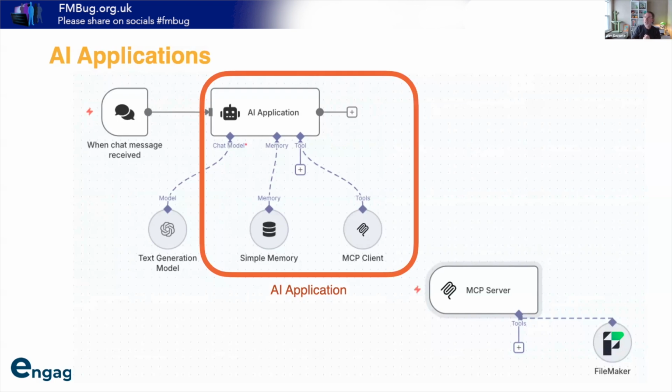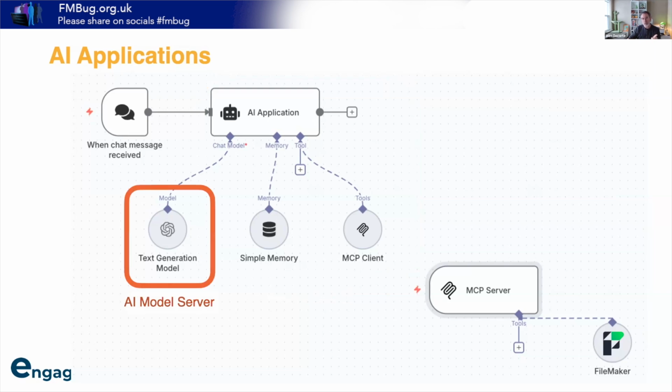So when I say AI application, it's really just that part that is encircled there. The AI application is just a bunch of code, whether it's JavaScript or Python or stuff in your browser that uses .NET, whatever. But the AI application has the ability to talk to an AI model.